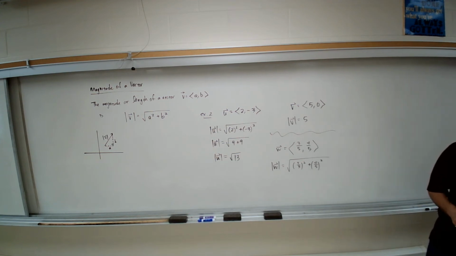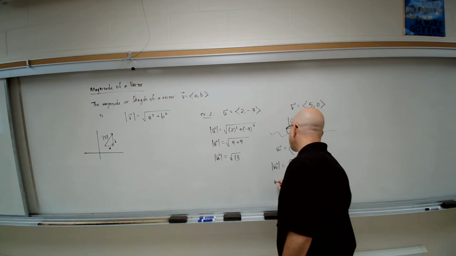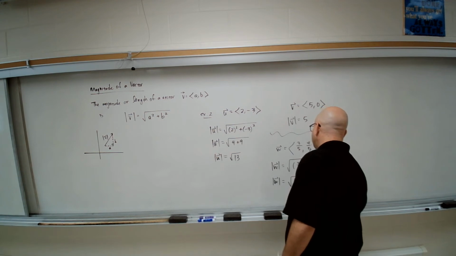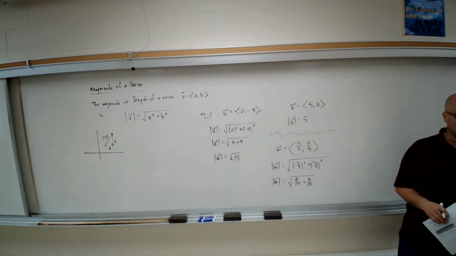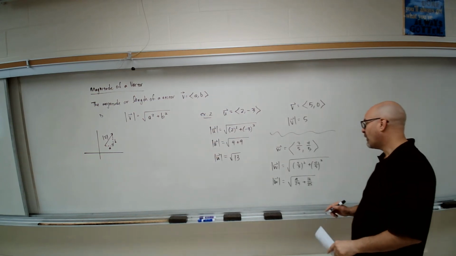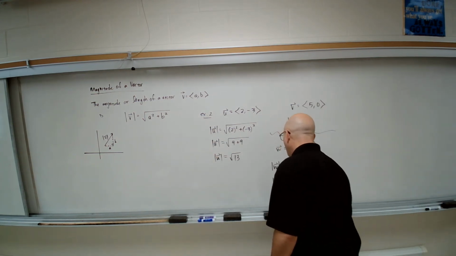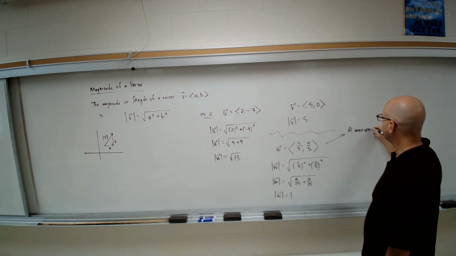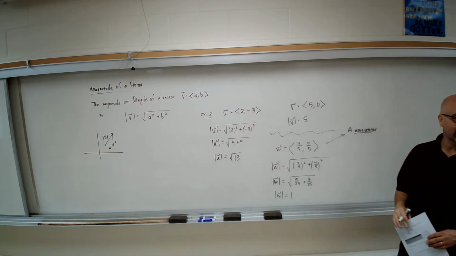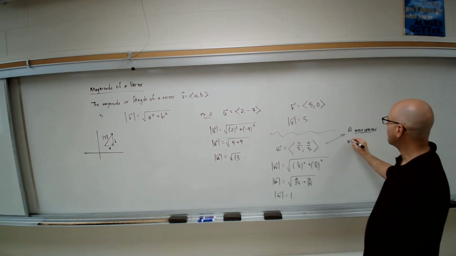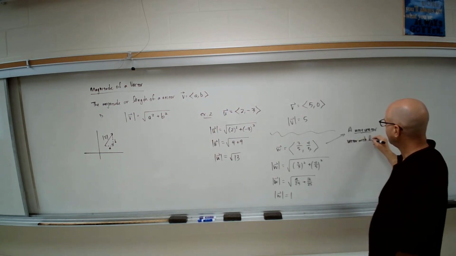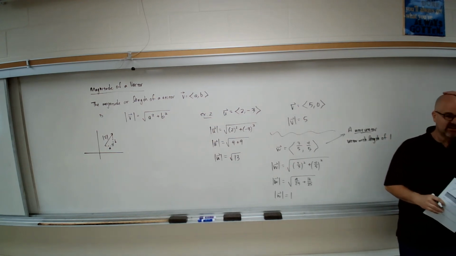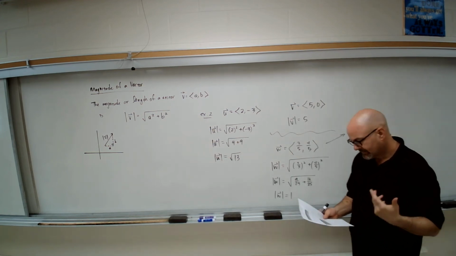And then from here, that gives us 9/25 plus 16/25, which is just 1, correct? And the square root of 1 is just 1. So this is called a unit vector. That's something we talk about later on. So that would just be a vector with length 1, or magnitude of 1. Pretty much if you hear unit in math, it tends to mean 1. Right? Unity or unit tends to mean 1.